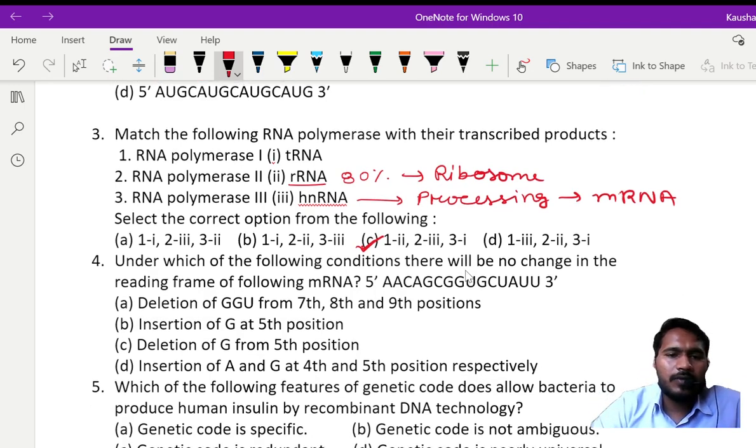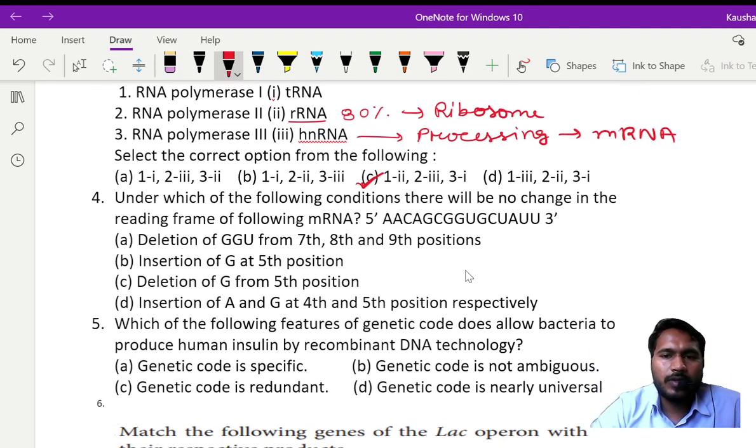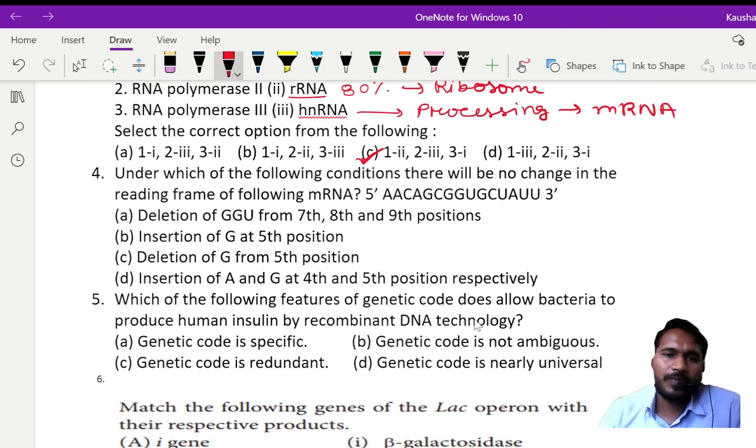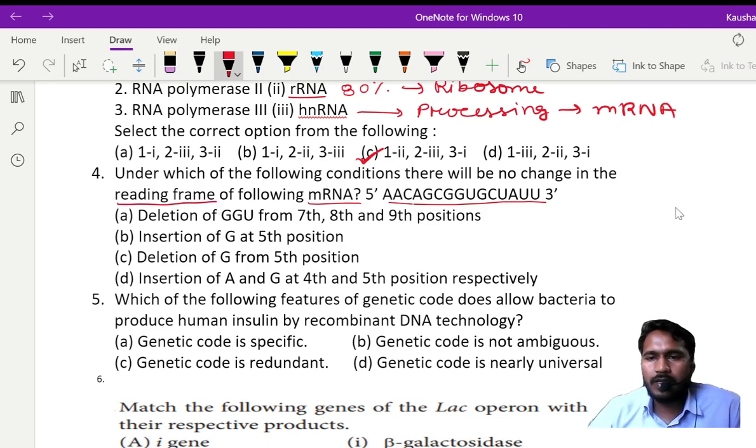Okay, fine. Under which of the following conditions will there be no change in the reading frame of the following mRNA? So when will the reading frame not be changed? What do you mean by reading frame? So reading frame means what? Whenever we read the genetic code, it will be read in triplet form.